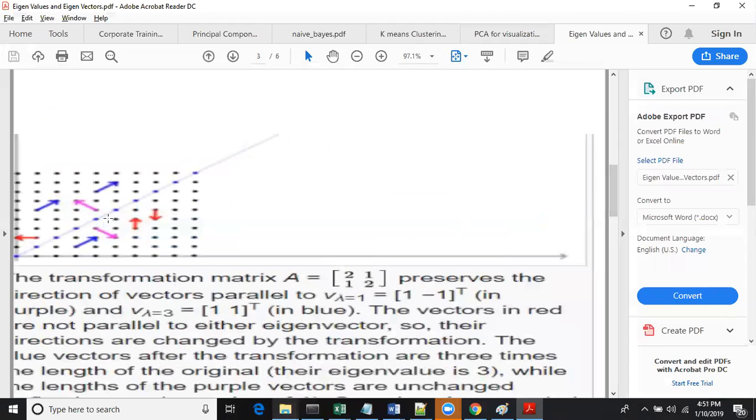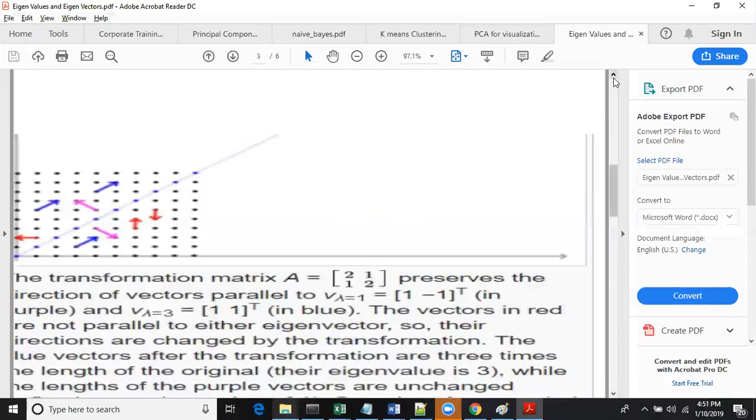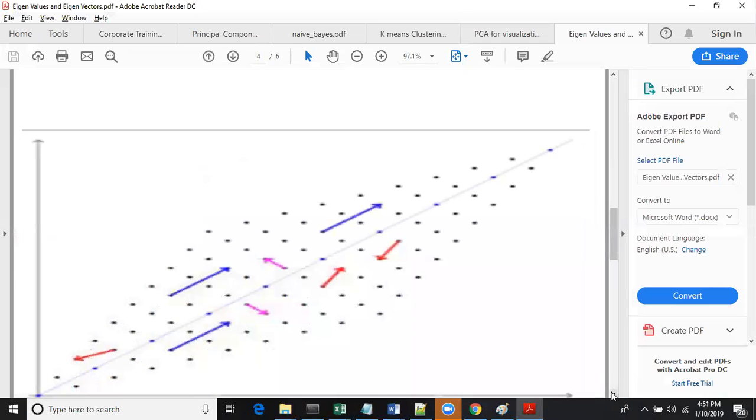So here, let's say these are the pixels where we put an image. Now we are going to transform the image like this. We have transformed it in the right direction. So what will happen, if you see, this will not change the direction. And this, which are not going to change the direction.